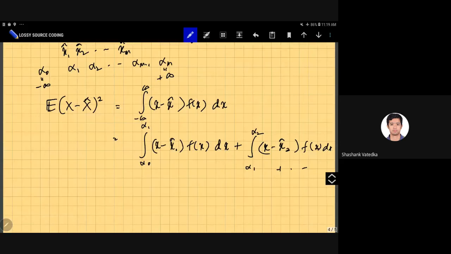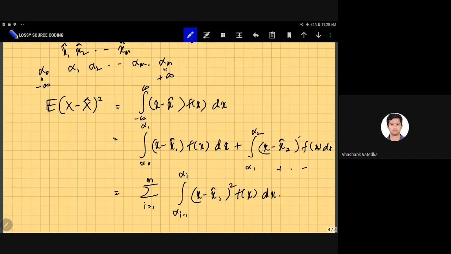Right? So if I want to represent this compactly, this is the summation over i going from 1 through m of the integral from alpha i minus 1 to alpha i of x minus xi hat, sorry, squared, f of x dx. Right? This is assuming that the distortion metric is the mean squared error.